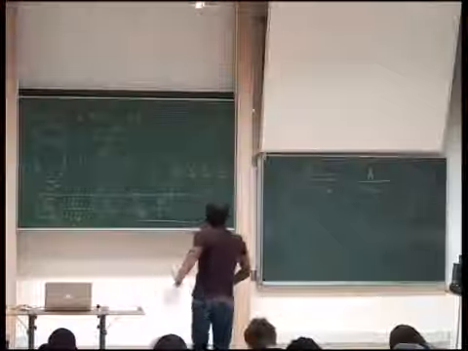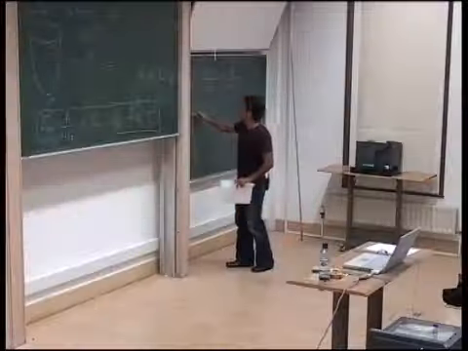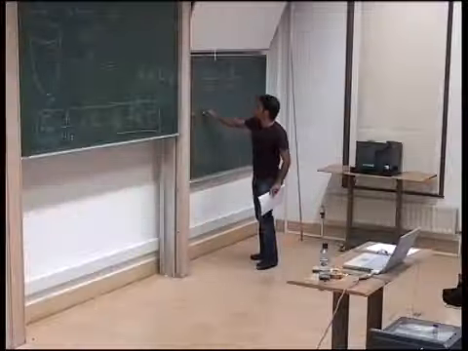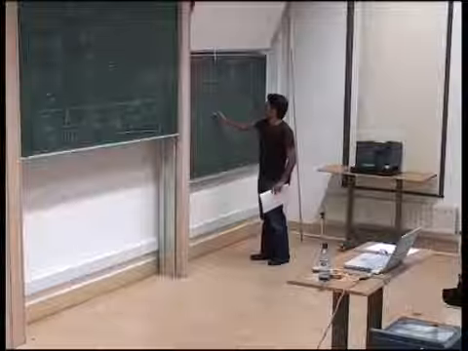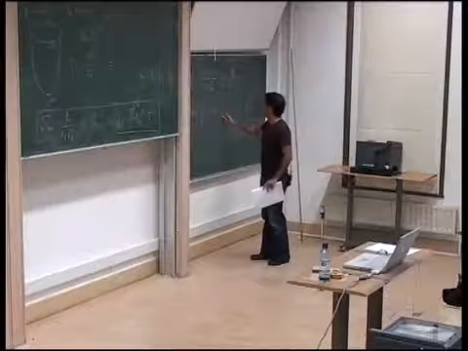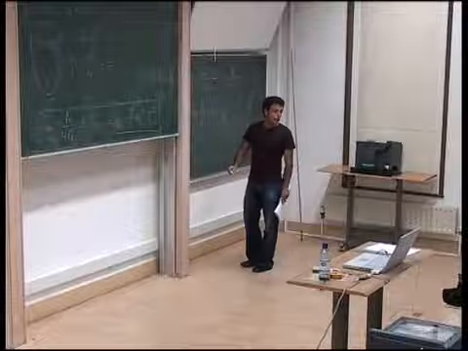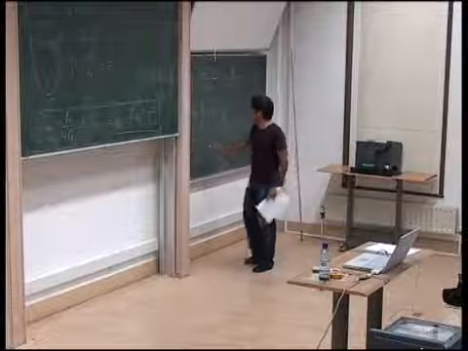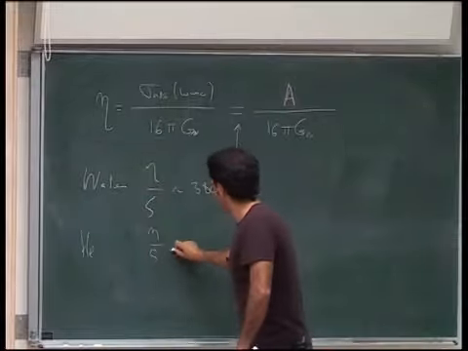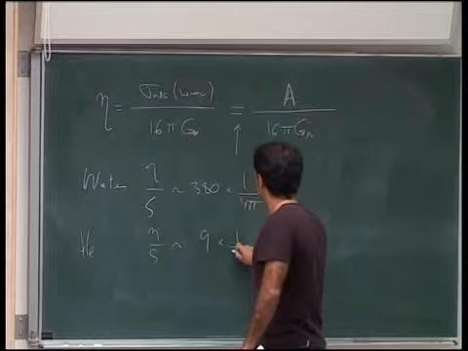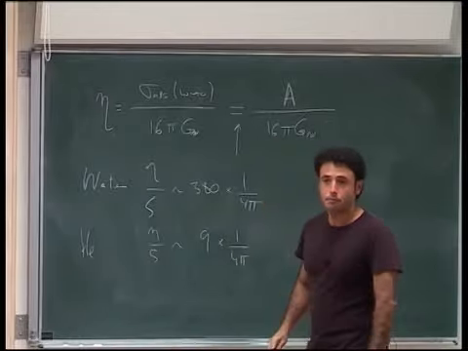So for water, eta over S is about 380 times 1 over 4 pi. For liquid helium, this is about 9 times 1 over 4 pi.